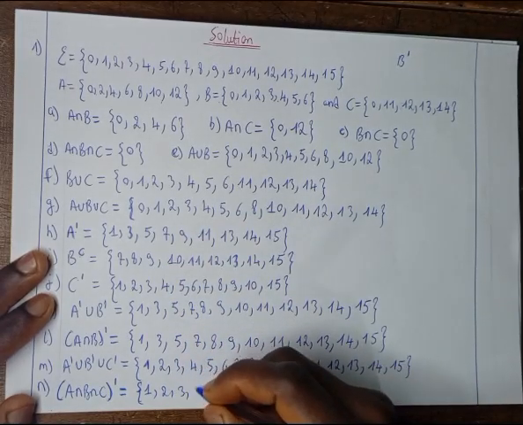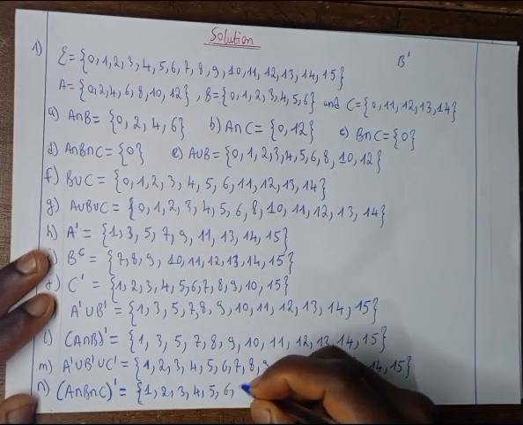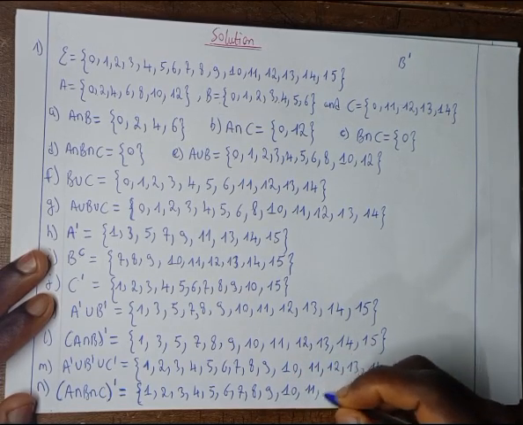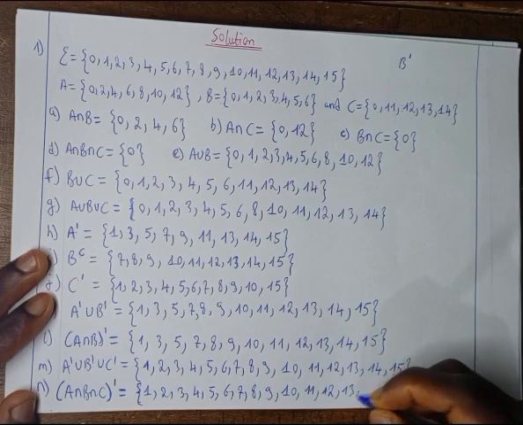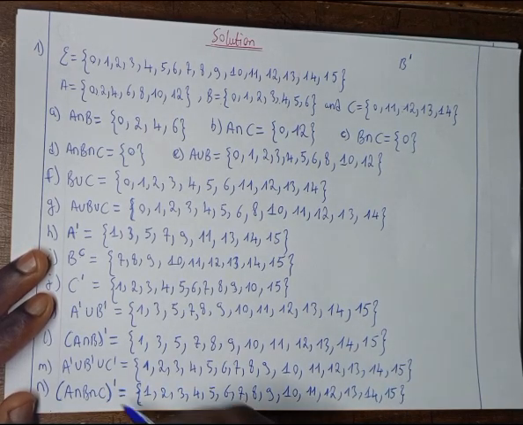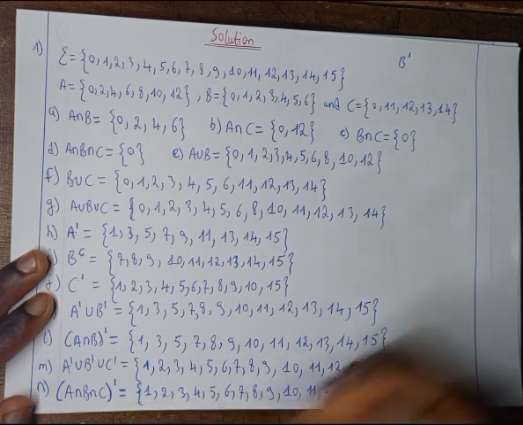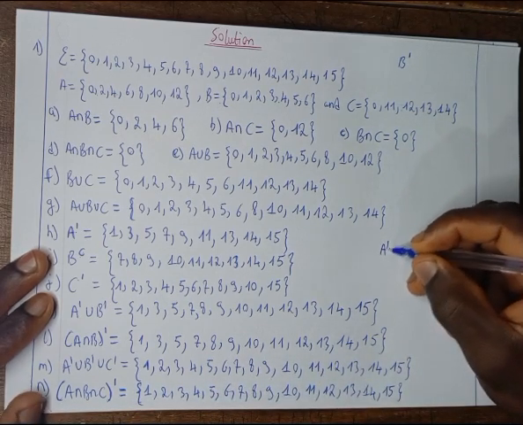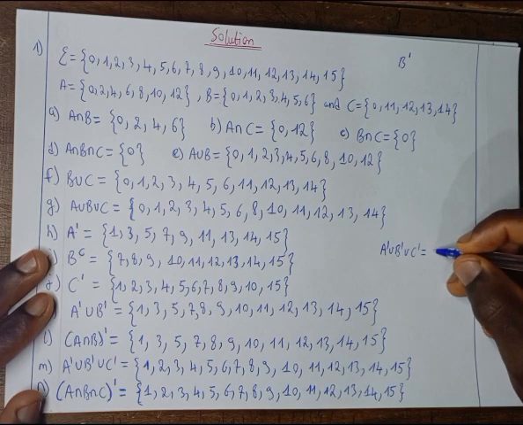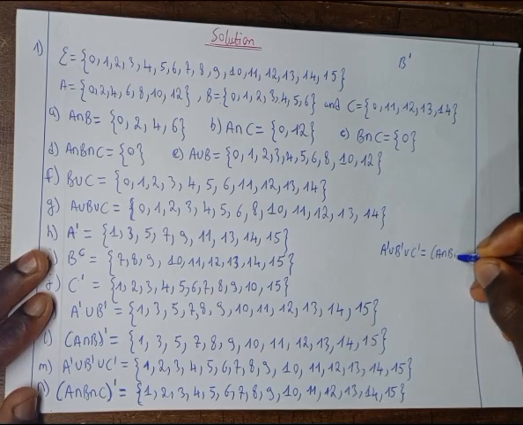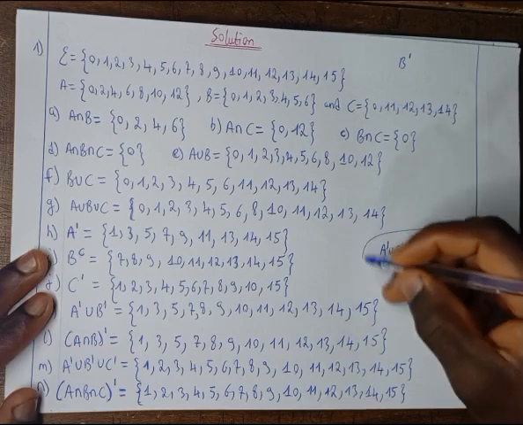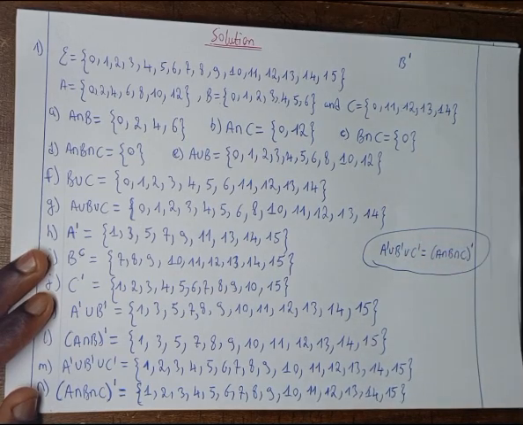We have 2, we have 3, we have 4, 5, 6, 7, 8, 9, 10, 11, 12, 13, 14, 15. At this stage, you'll be able to see that A complement union B complement union C complement is the same as A intersection B intersection C complement. At higher levels, you will see this. So you take note of it.